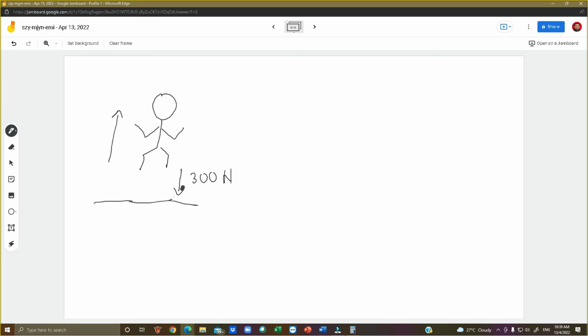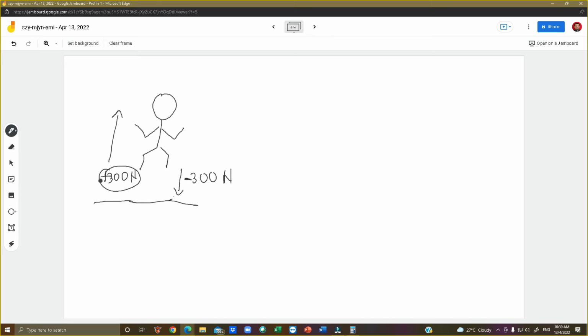Mamat ni bagi 300 Newton ke bawah, means dia bagi negatif. So, how much Newton being returned by the floor to the mamat? Based on Newton's third law, berapa banyak? 300 lah. But it is not negative, it will be positive.